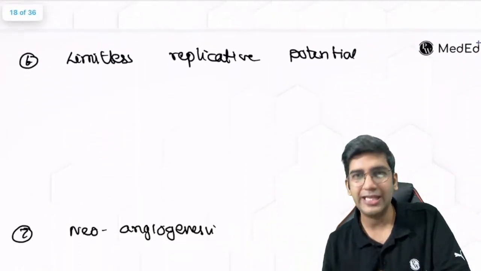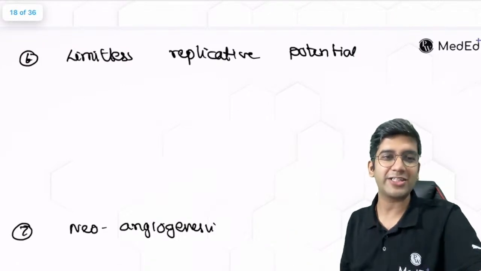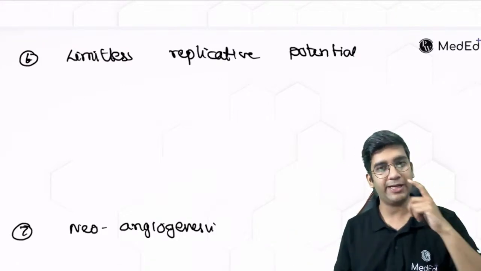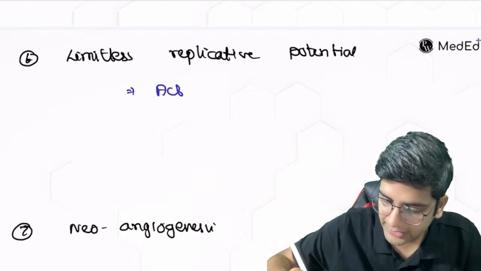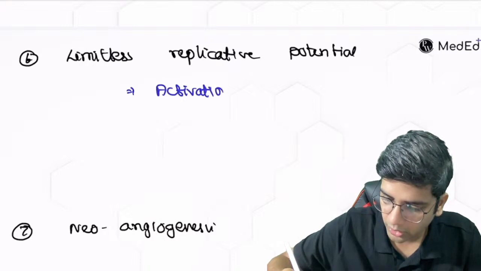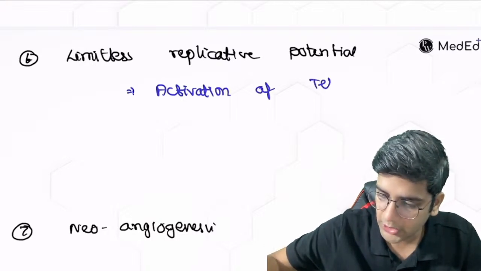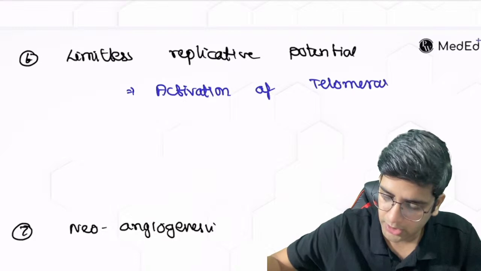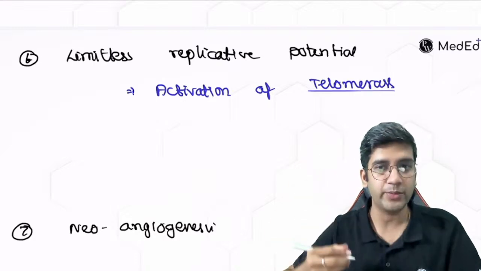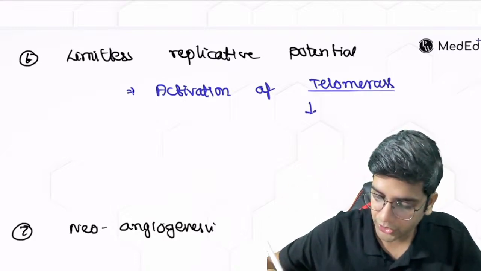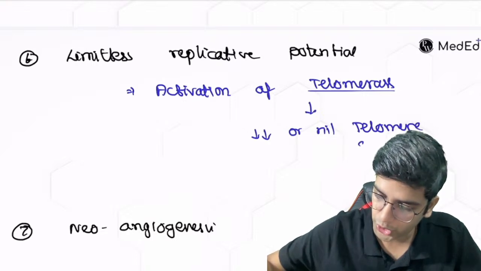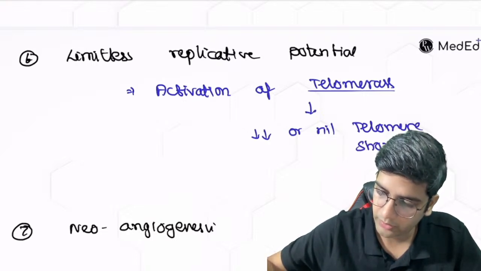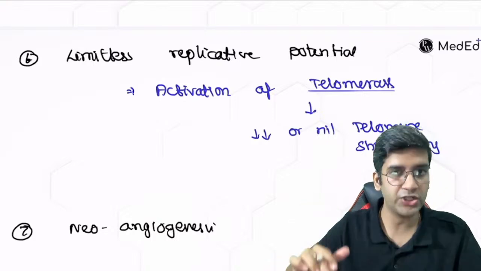The next one is limitless replicative potential. It's self-explanatory, right? Here it is due to activation of telomerase. It's an enzyme, right? Enzyme activation. When telomerase is activated, this will make sure there is reduced or nil telomere shortening.